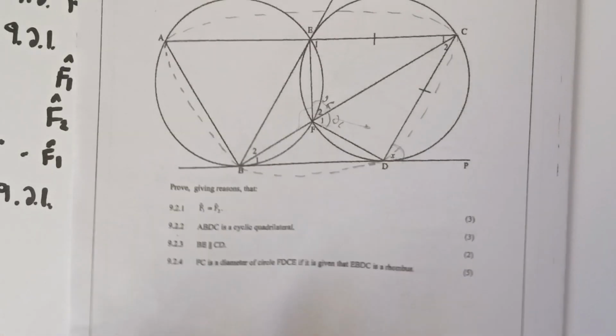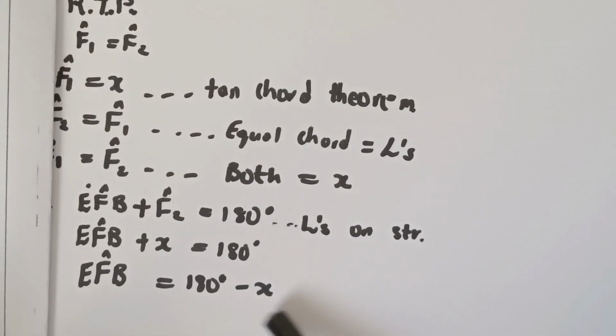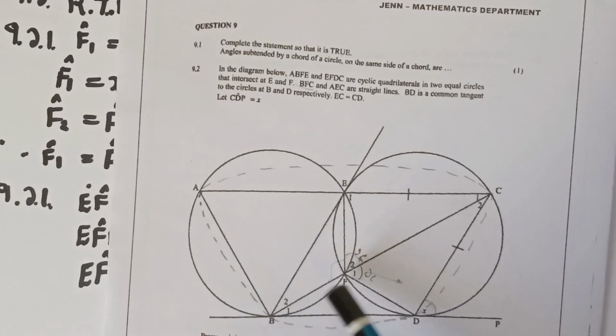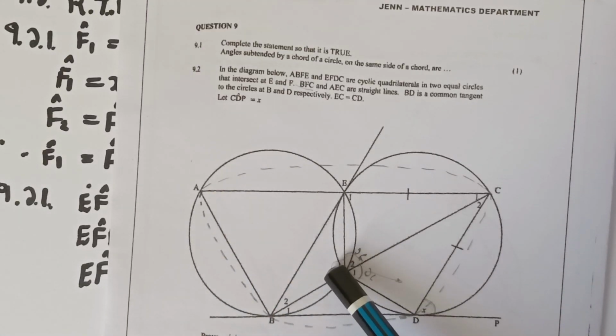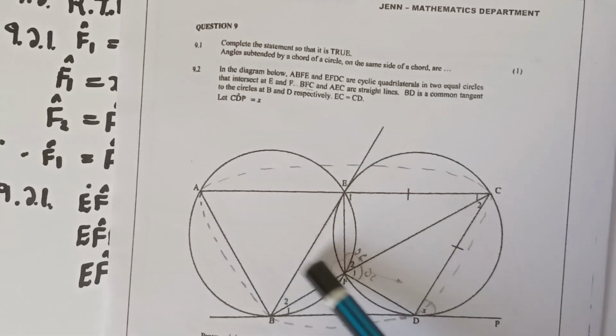Since we got EFB as 180 minus x, adding this angle EFB with the angle A here, we get 180.